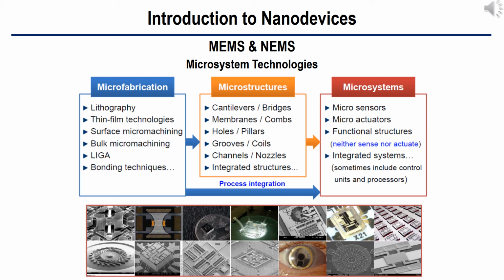Using these methods, it is important to prepare basic modules for the micro or nano systems such as cantilevers, bridges, combs, pillars, coils, nozzles, and so on. By integrating the nano or micro modules, it is possible to prepare and integrate the MEMS and NEMS such as nanosensors, microactuators, and other functional structures.